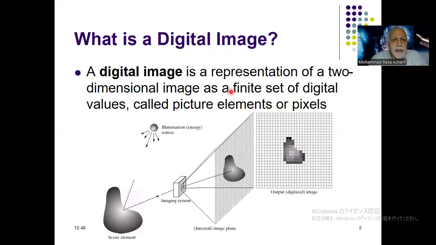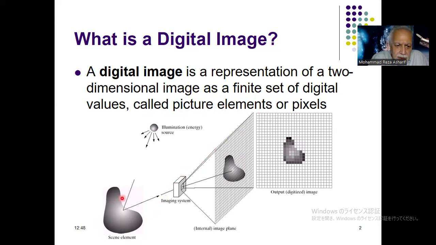What is a digital image? A digital image is a representation of two-dimensional data or an image as a finite set of digital values called picture elements or pixels.